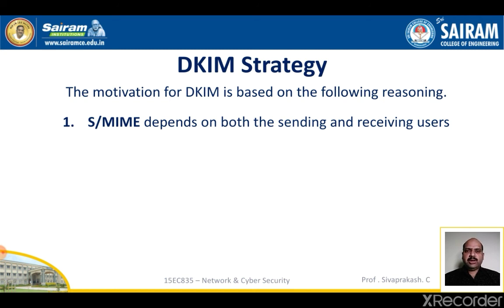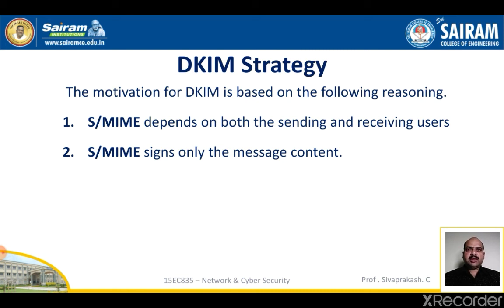For almost all users, the bulk of incoming mail does not use S/MIME, and the bulk of the mail the user wants to send is to recipients not using S/MIME. Second, S/MIME signs only the message content, thus RFC 5322 header information concerning origin can be compromised.